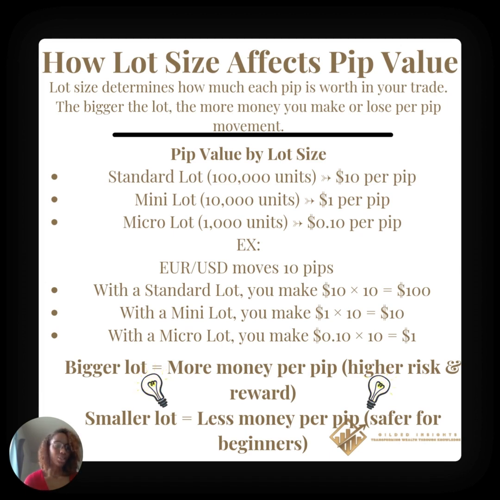I should have put asterisks around this for beginners, but either way, I have it on the bottom: the micro lot is the best option for beginners to protect your capital. If you have a small account, between $100 and, I would say, $500, the micro lot is your best friend, especially if you are a beginner trader.